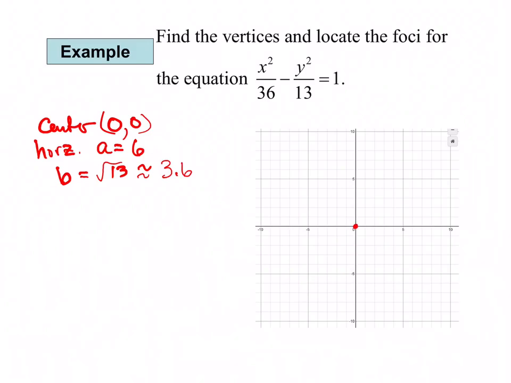So we're going to graph it. We start at 0, the center, and horizontally we go 6 and 6. Vertically we go 3.6, and 3.6, and then we draw out a lovely box. I wish I had a straight edge, but I don't.